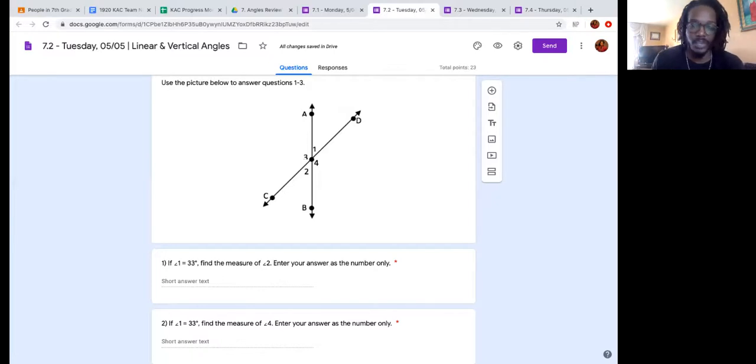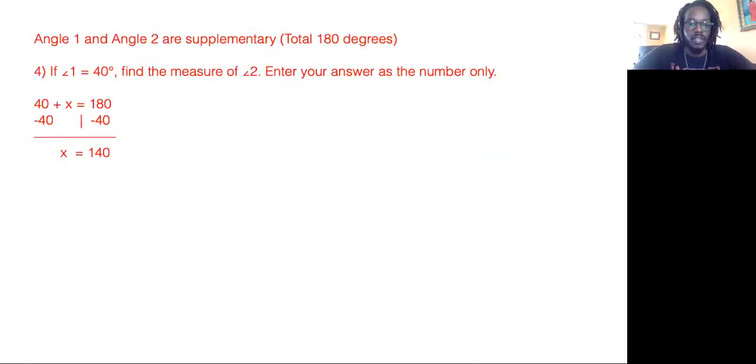They're also a linear pair, which means that if you take angle 1 and angle 4 and add them together, it's going to total 180 degrees. So we can use that understanding to figure this out. I'm going to share my whiteboard screen. And this is something from yesterday's lesson.